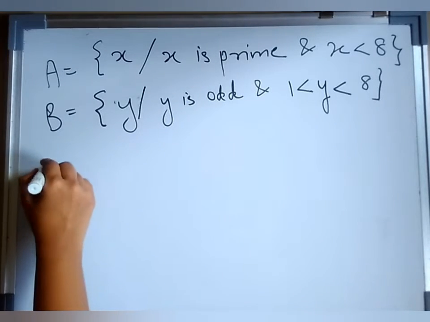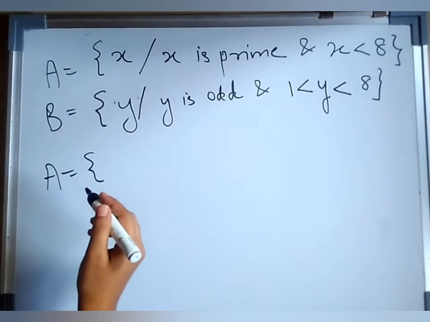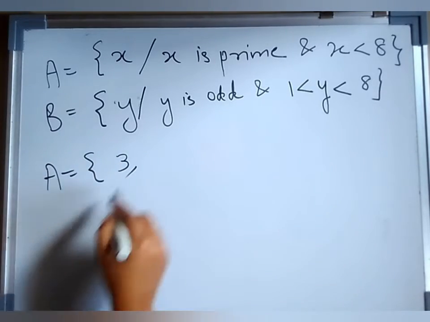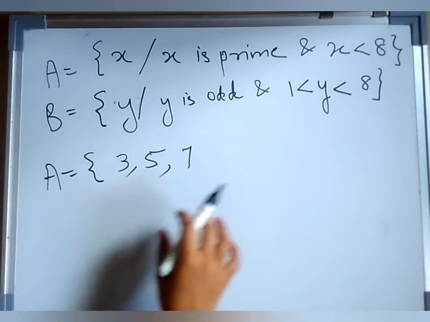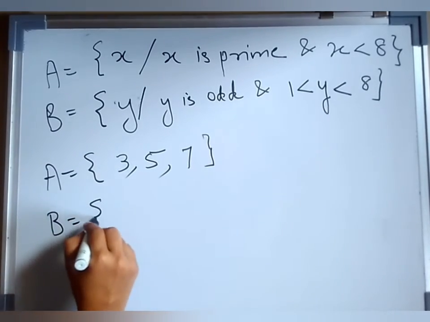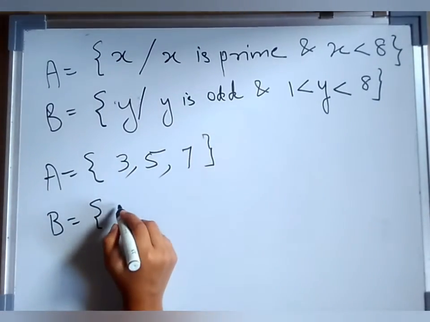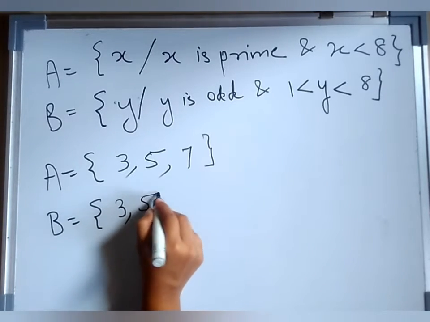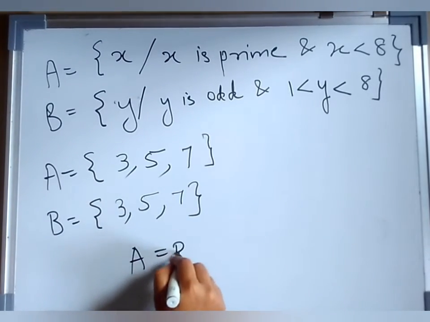So if you list both the sets, what will we get? X is prime and x is less than 8 means we'll start with 3, 5, 7. Less than 8 means I have to stop here. And in the next example, y is odd and y lies between 1 and 8. Odd numbers means y should be greater than 1. So I have to start with 3 again, 5, 7, and again it should be less than 8. So here also I get that A is equal to B.